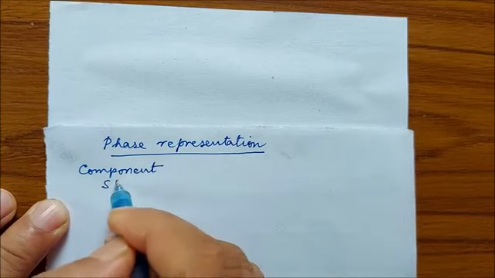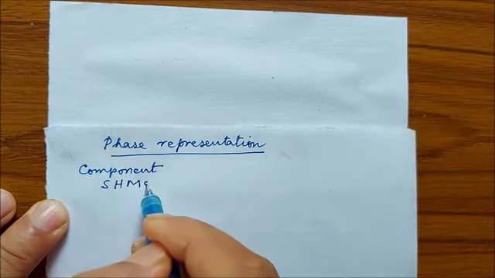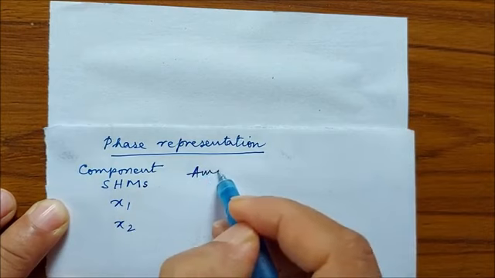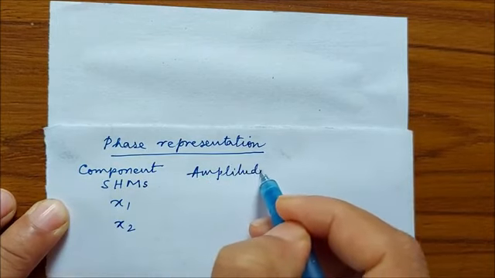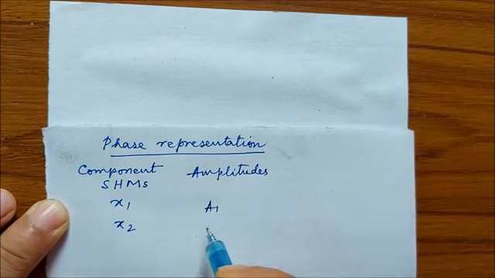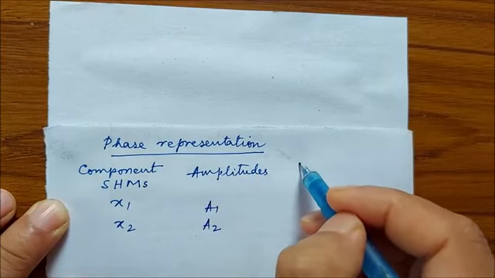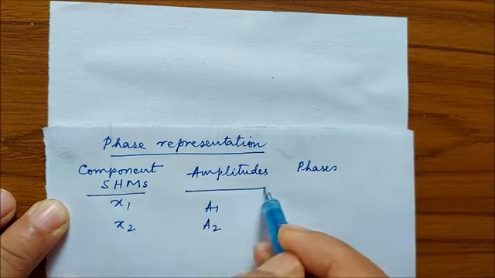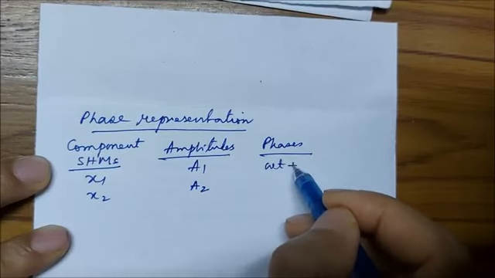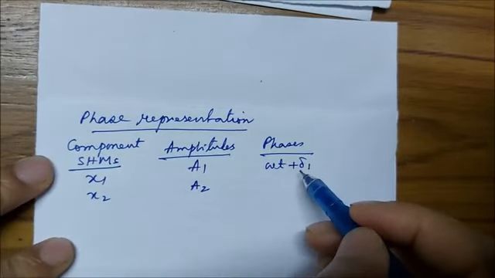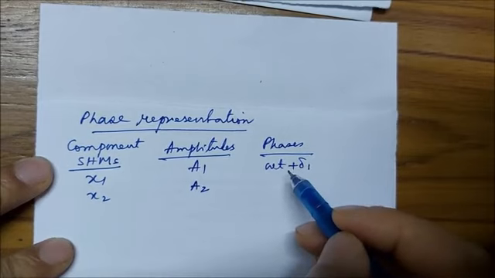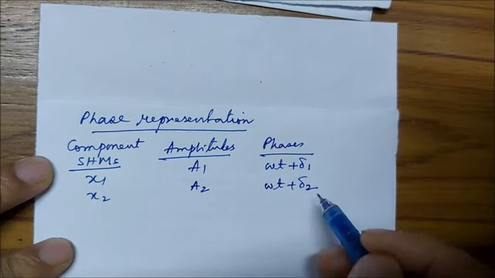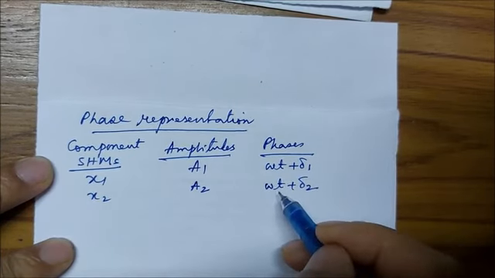The component simple harmonic motions are x1 and x2, having amplitudes A1 and A2 respectively, and the phases are omega t plus delta 1, so it makes an angle delta 1 with the omega t plus 0 line, and this is omega t plus delta 2, which therefore makes an angle delta 2 with omega t plus 0 line.